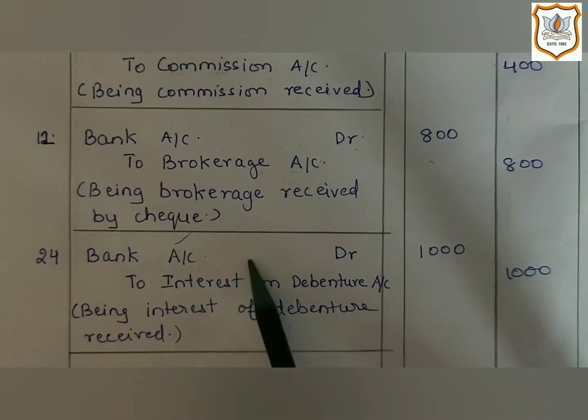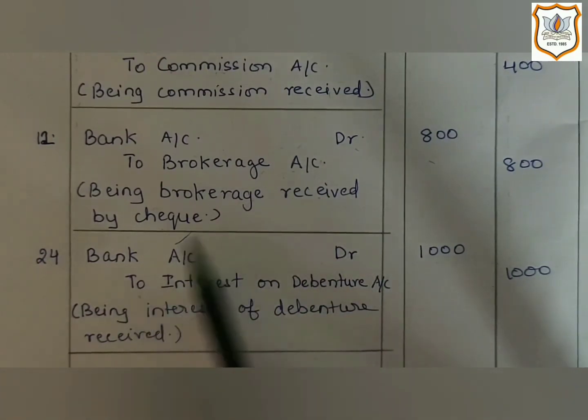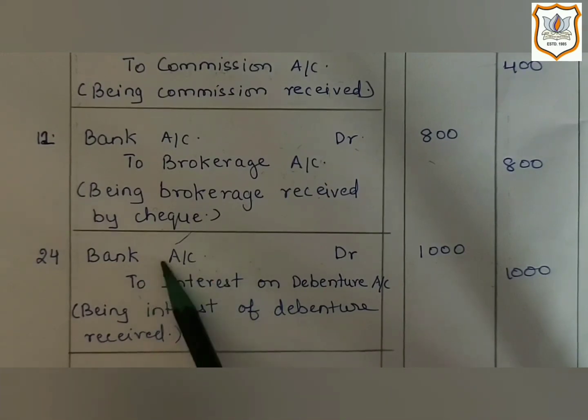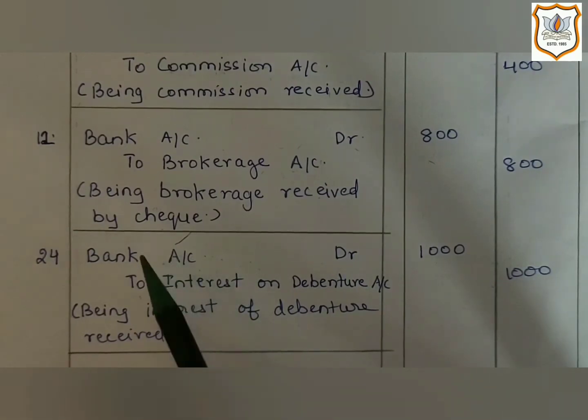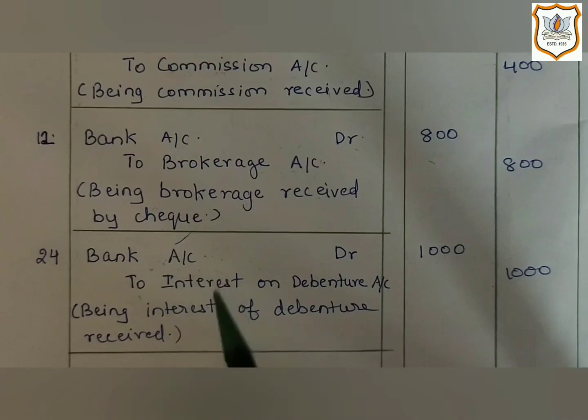So when asset increases, it will be debited. Then if we see from the viewpoint of traditional approach, in that case here bank account is personal account, and here bank is the receiver.